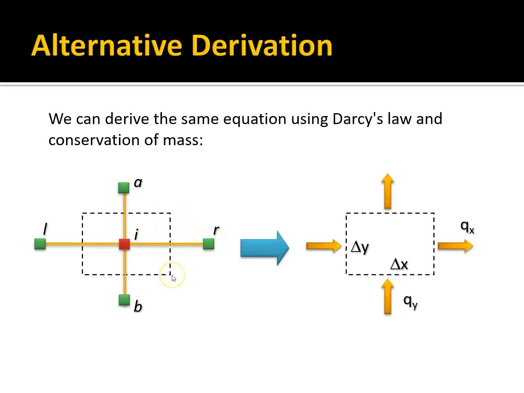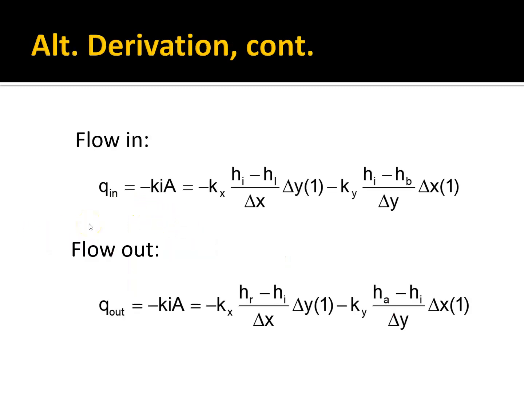The cross-sectional area is delta y. And then in the vertical direction, it would be ha minus hi divided by delta y as the gradient, and the cross-sectional area is delta x. So that's this term right here.